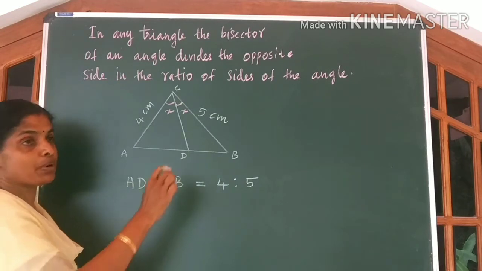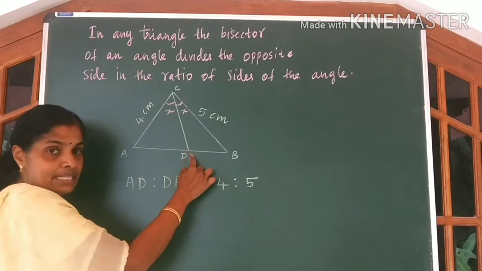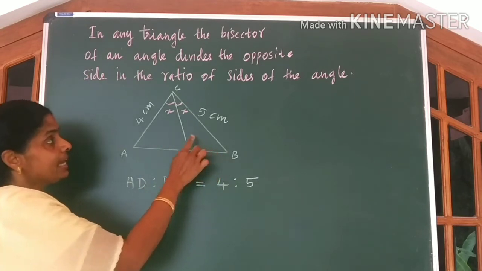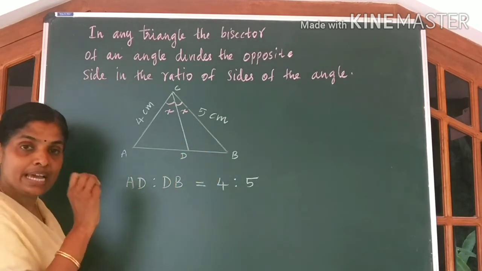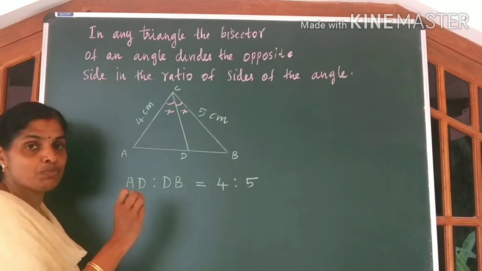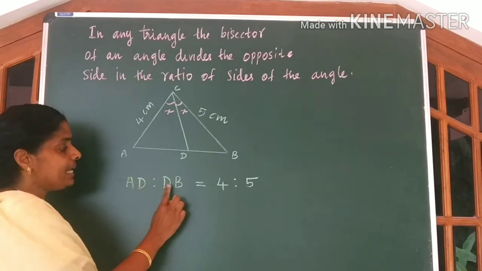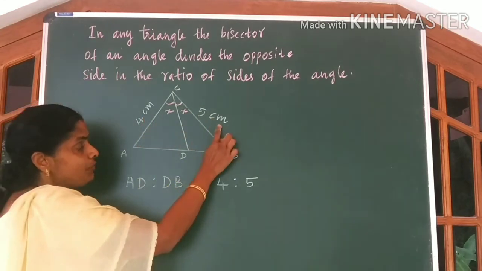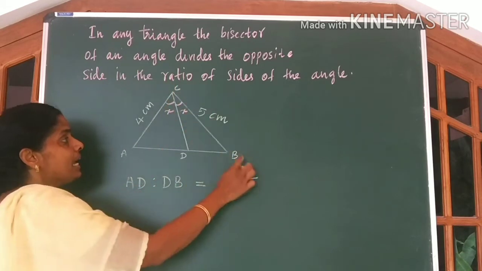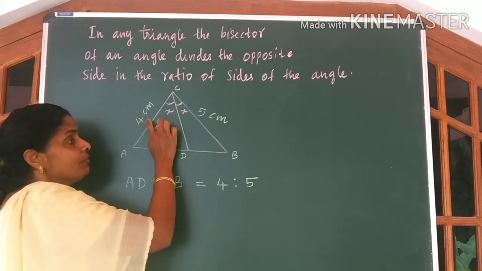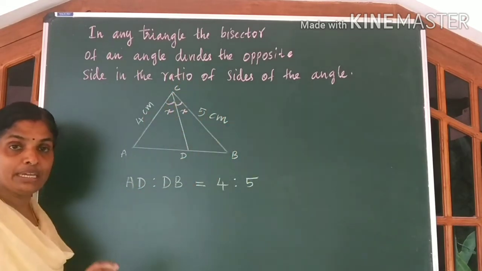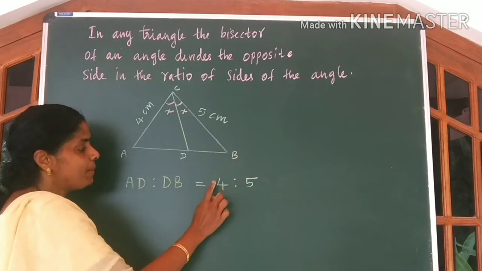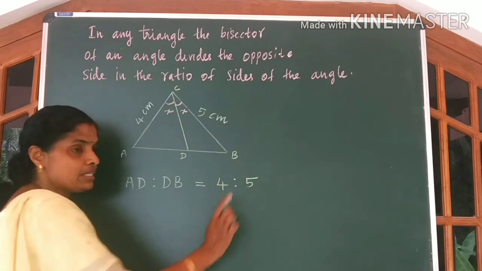I am going to prove that this bisector CD divides the opposite side in the ratio of the sides of the angle. That is, we are going to prove AD is to DB is equal to 4 is to 5, because AC and BC are given to be 4 centimeters and 5 centimeters. So, we are going to prove AD is to DB is equal to 4 is to 5.